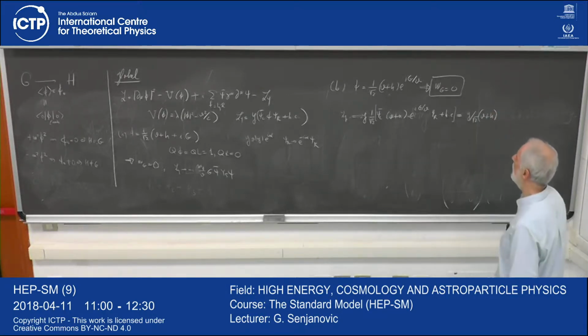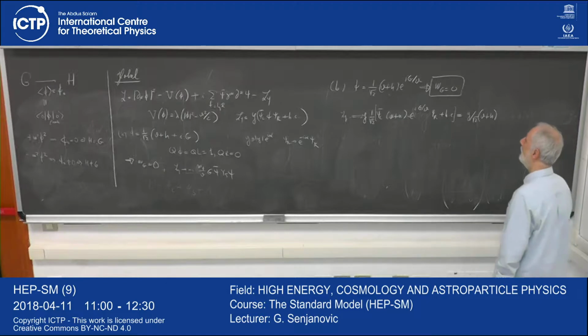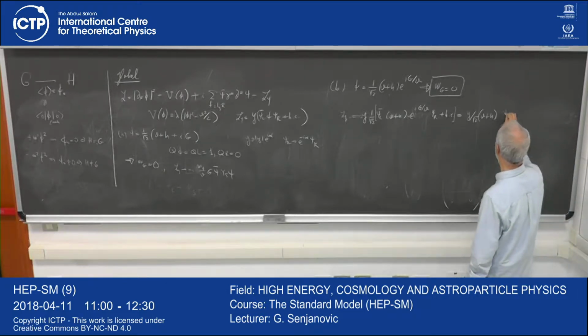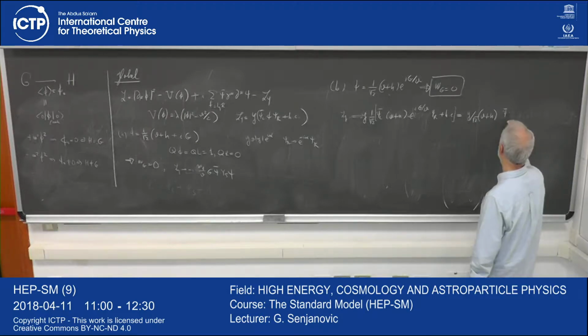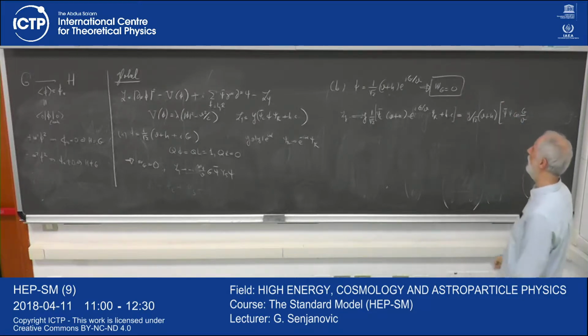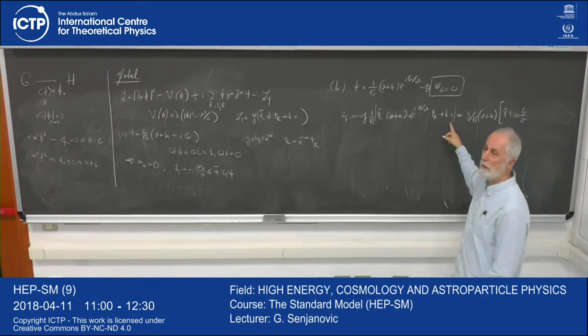I can take it out, you agree? It's real, and then I'll get psi bar psi cosine G over v. Do you see this? Or do I have to write it explicitly? I'll have e plus e to the minus.